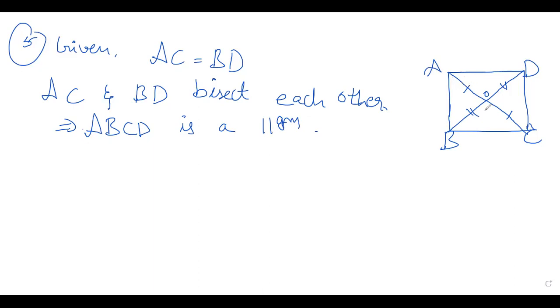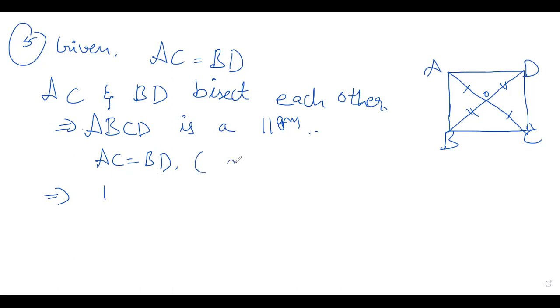Parallelogram means opposite sides are equal, opposite angles are equal. We know that. Next, what we are going to prove, if the diagonals of a parallelogram are equal, see, here they have given AC is equal to BD. Both are equal. If they bisect each other, it is a parallelogram, we wrote. AC is equal to BD, so it must be a rectangle.